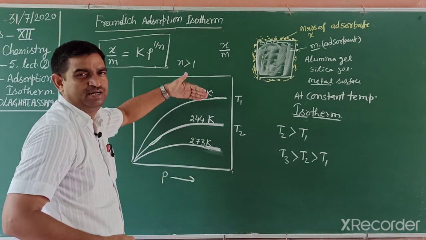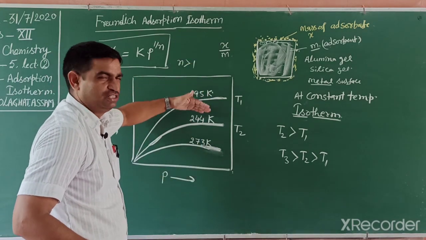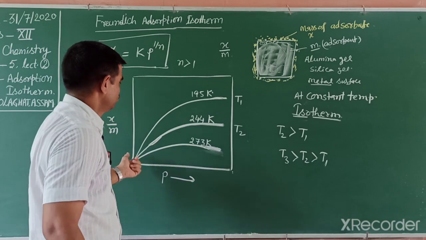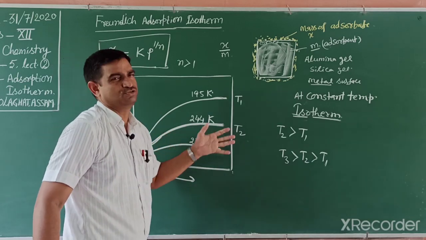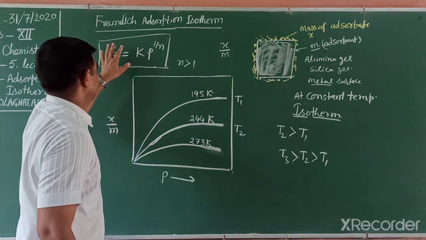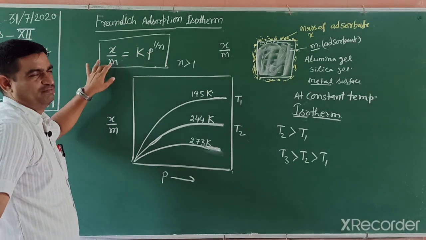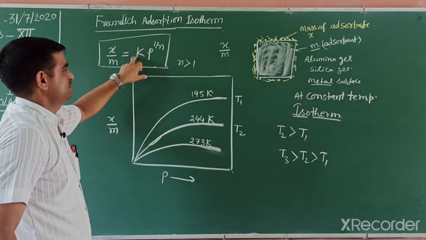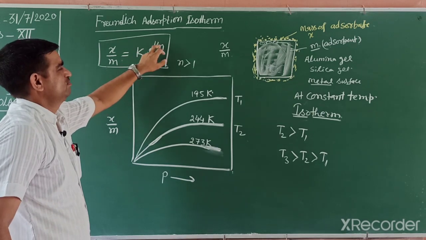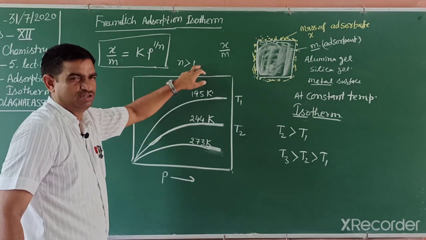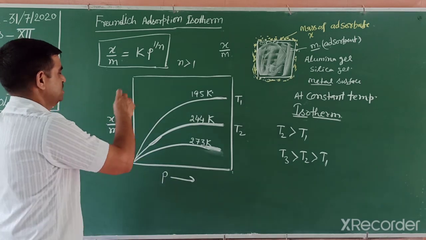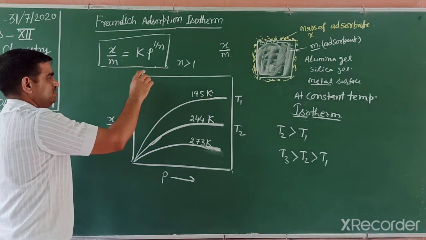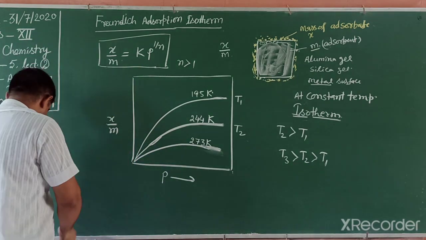It means when temperature increases, adsorption decreases. These are known as isotherms. So students, you have to remember this: x by m is the extent of adsorption, K is a constant, P is pressure, and 1 by n value lies between 0 and 1.